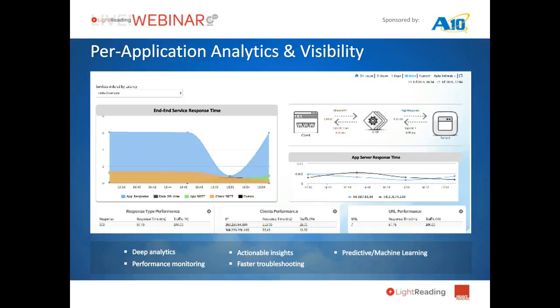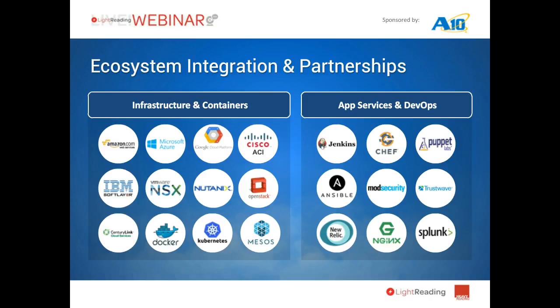And then finally, Jim, I thought it was very important to mention this whole idea of the ecosystem integration and partnerships. Now, application delivery vendors need to offer solutions that include advanced feature sets that may not be available in open source options today, but they also need to embrace open source components and tools.